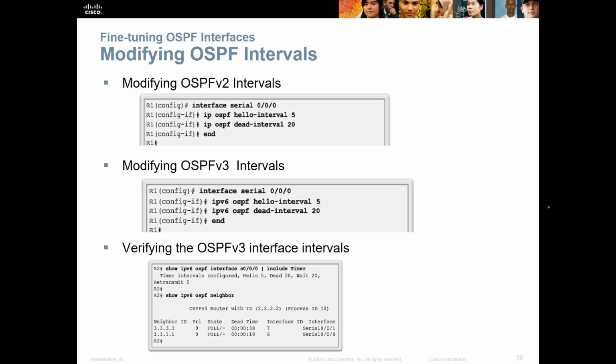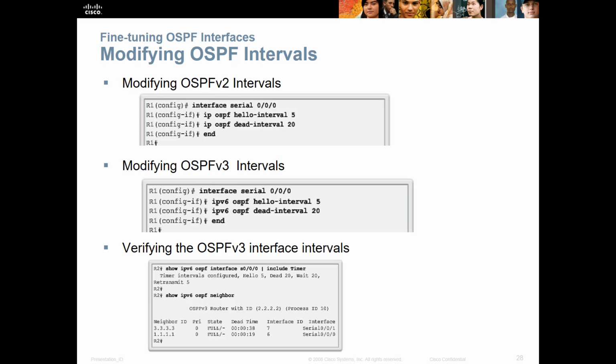If you want to set the dead timer, it'll be IP OSPF dead interval and set the timer. Same general concept with version 3 or the IPv6 version. Just make sure that you're doing IPv6 OSPF hello interval or dead interval and setting the time. Again, both sides must be set up. You can't just do one side and leave it alone.